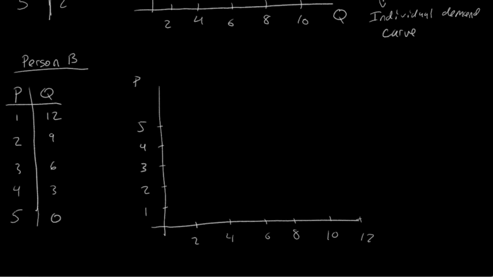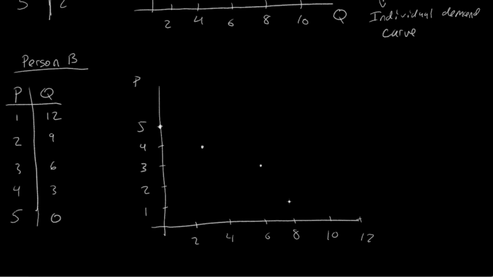And same thing, we just plot the points. When price is 5, quantity is 0. When price is 4, we have 3. When price is 3, we have 6.